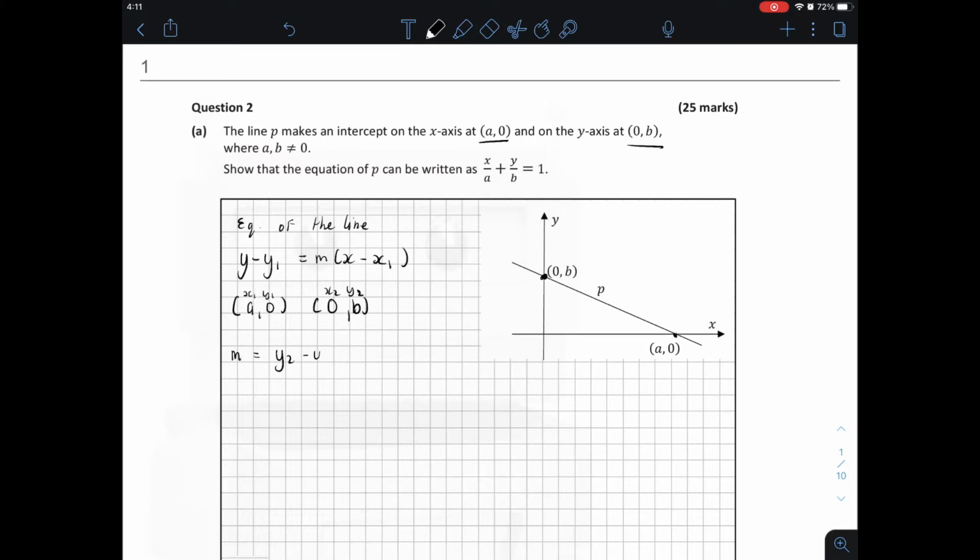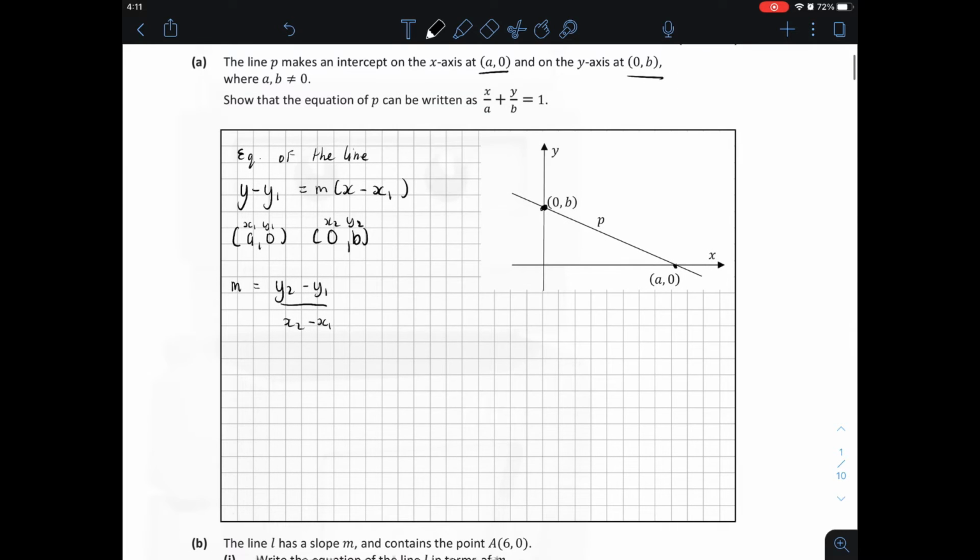On page 18 of our log tables, we're told that the slope of the line is equal to y2 minus y1 over x2 minus x1. So let's substitute our points into the equation for the slope. This gives us b minus 0 over 0 minus a, which leaves me with minus b over a.